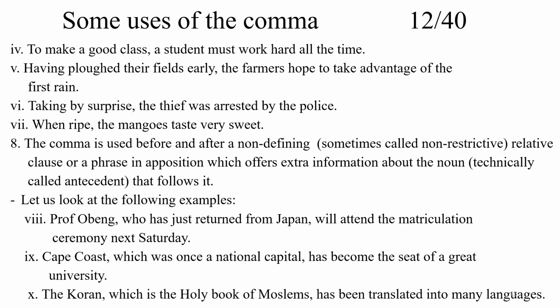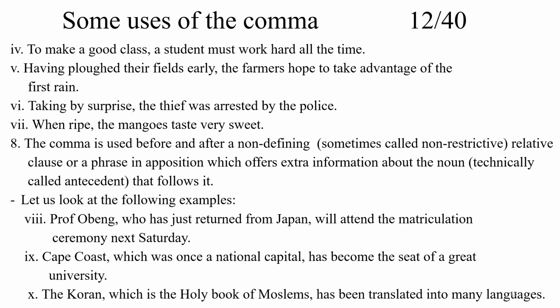Maybe he's the only one who has that quality, like the president of Ghana, Nana Akufo-Addo. Then I mentioned the president of Ghana. I need to use commas to separate Nana Akufo-Addo from the president of Ghana before I add the rest of the sentence. So look at these examples. Professor Obin, who has just returned from Japan.